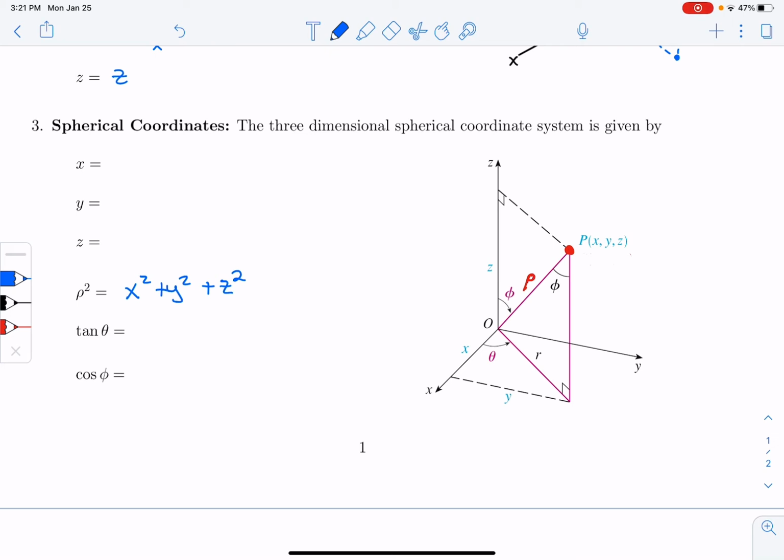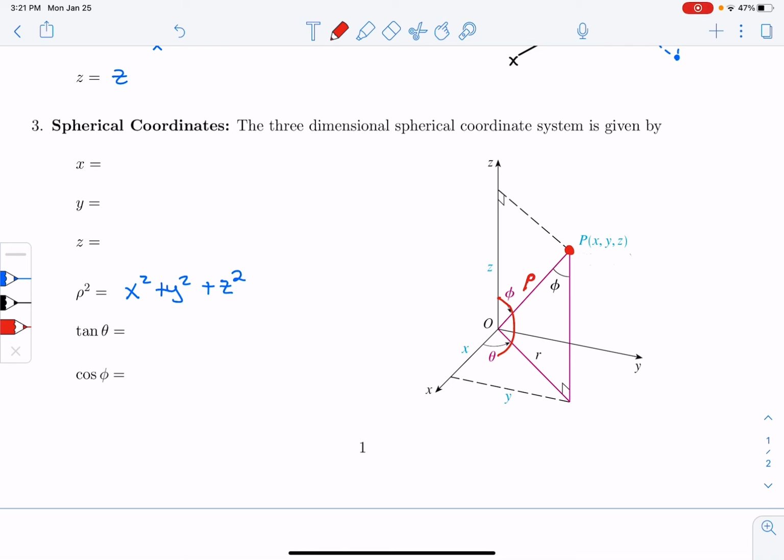And then we're going to specify that point using two angles. The first angle is called phi. Phi is an angle that starts at the z-axis and then moves downward through 180 degrees.